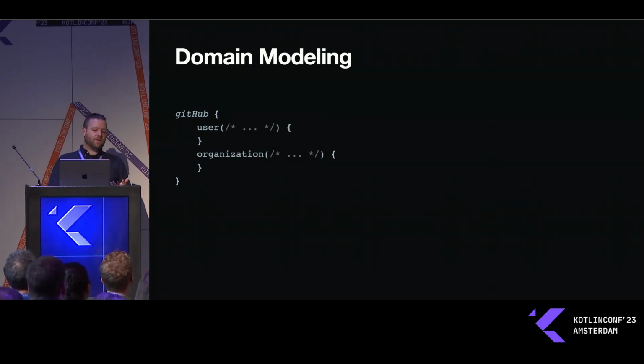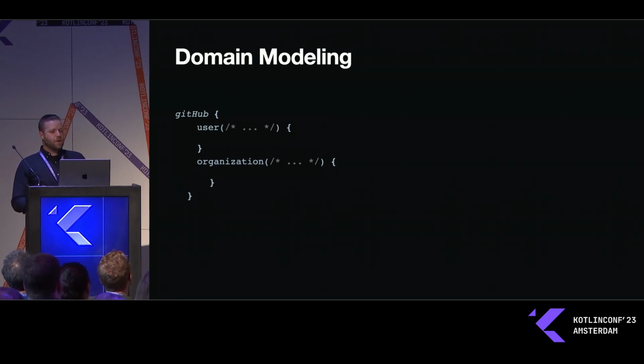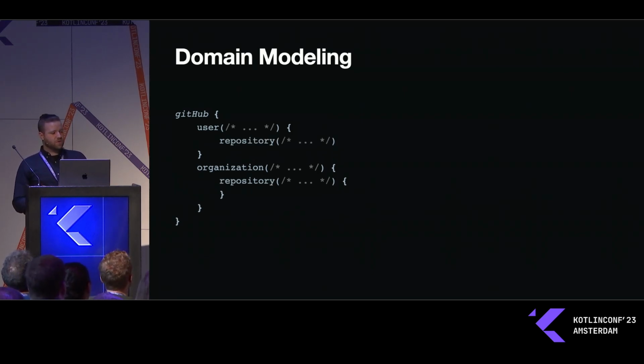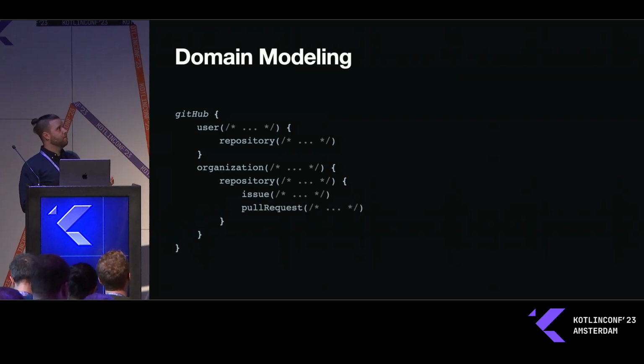And then we might say, well, there's probably going to be a user function in there, maybe an organization function in there that we can call to define a user or an organization. And then inside a user or an organization, we might want a repository function to define a repository. And then, of course, within a repository, we'll want a function to describe an issue or a list or a pull request.